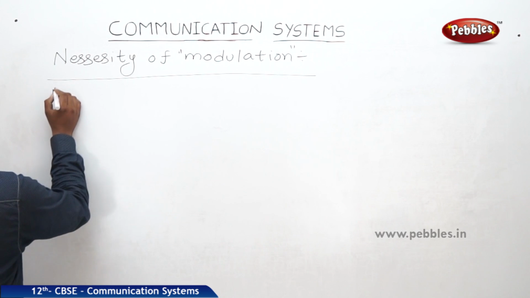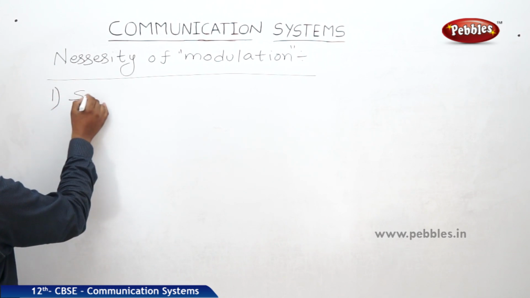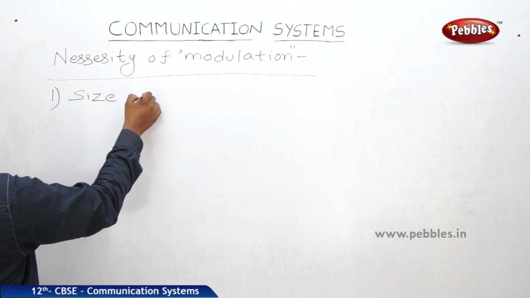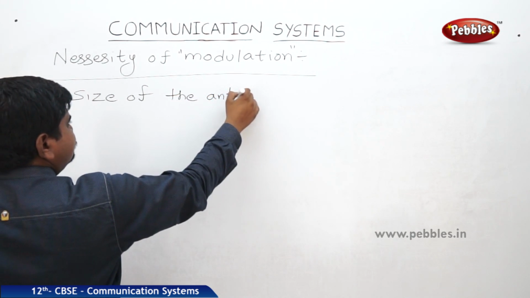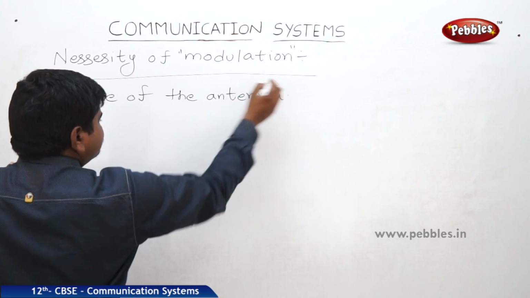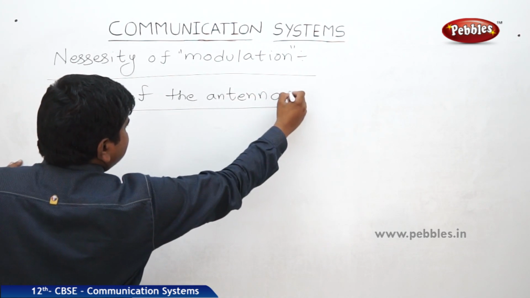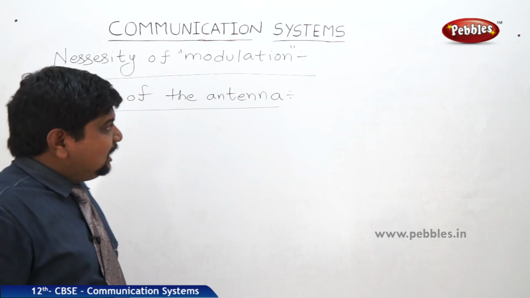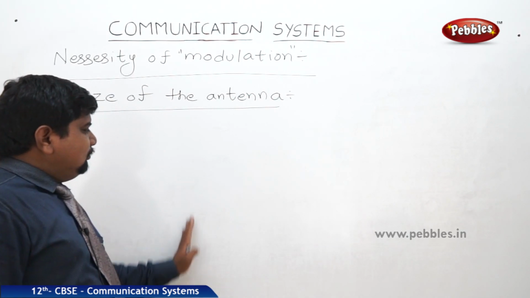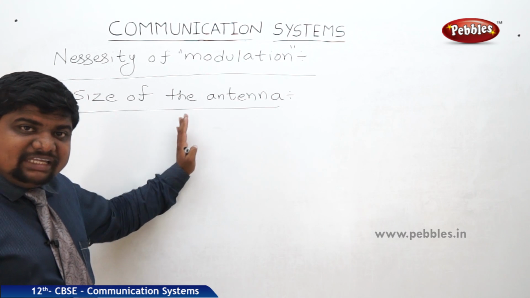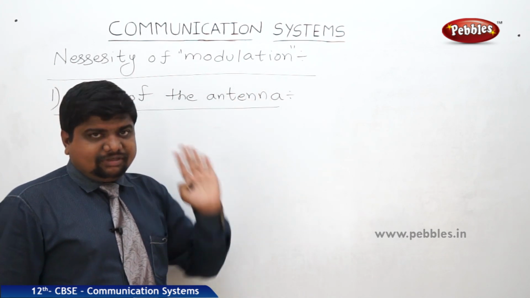First one, size of the antenna. We already discussed that if you want to transmit long wavelengths, the tower's height should be in the order of wavelength.